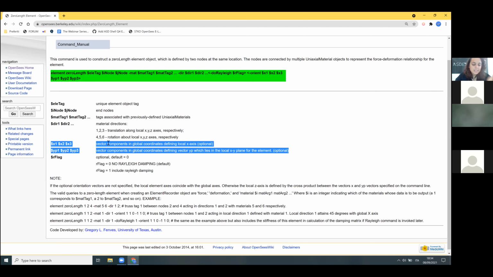So I guess with your zero length element, you can imagine it as something that has a finite length, even if it does not. And then with that directionality, you define this kind of vector. So you say, I want my vector to go in that direction. And I guess this is the same as the geometric transformation.